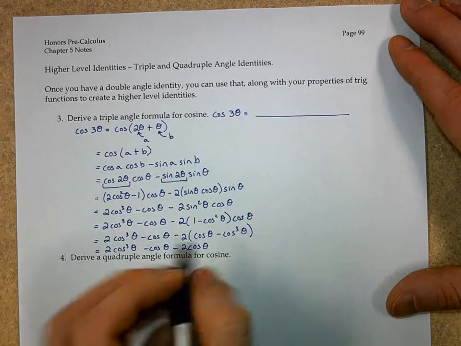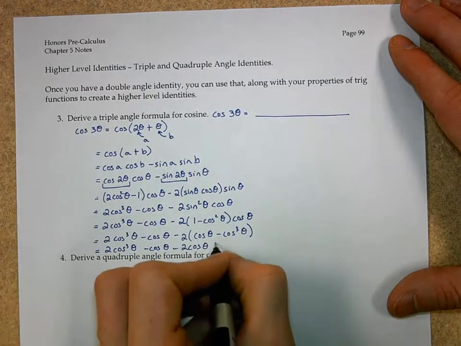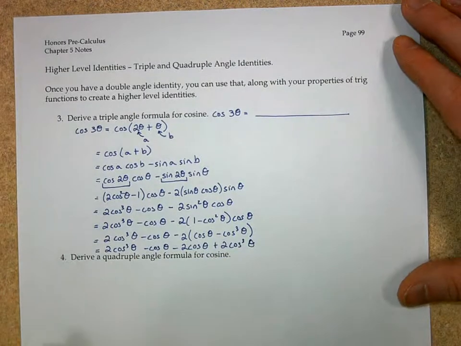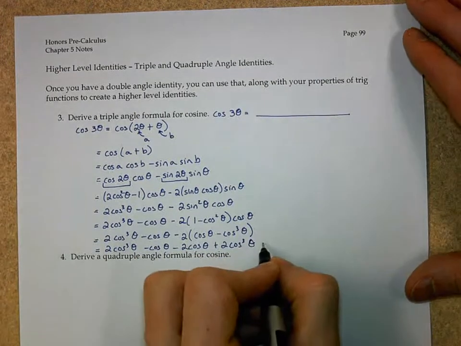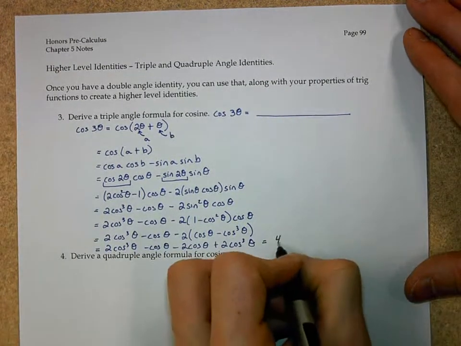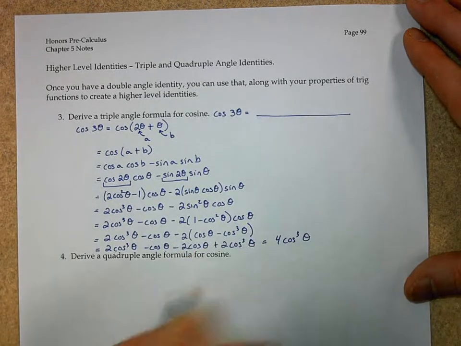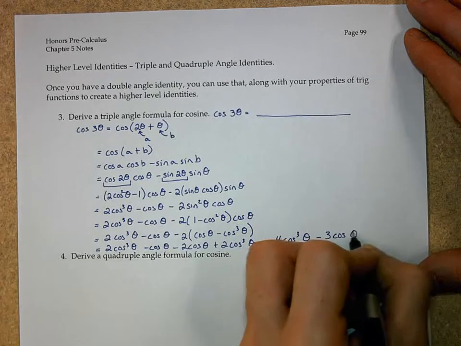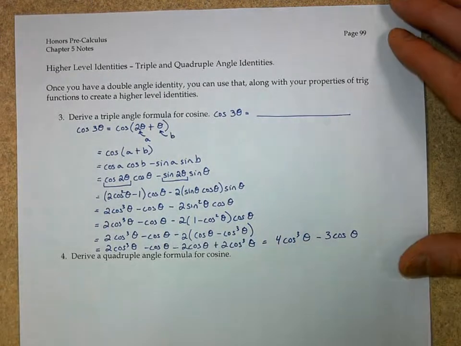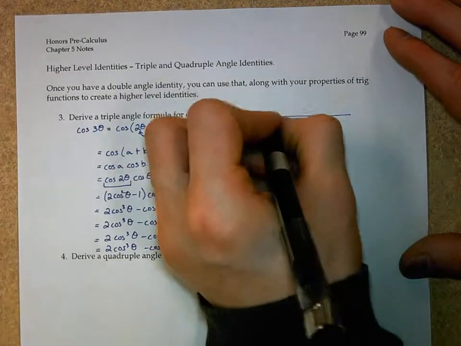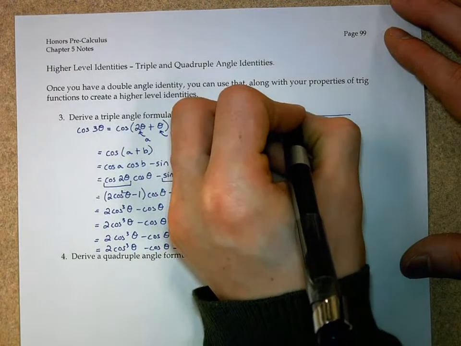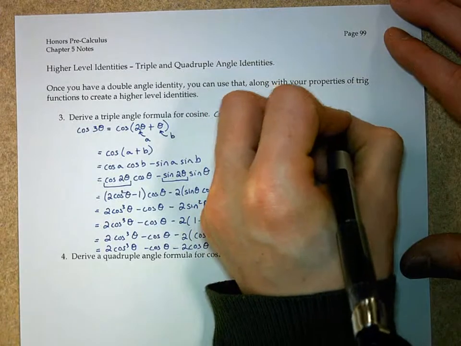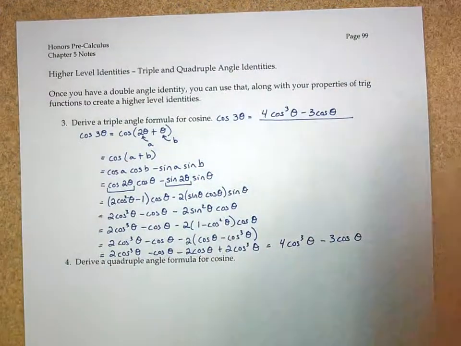And minus 2 times negative 3 cosine theta would be a positive 2 cosine cubed theta. So now if I combine like terms, I'll get 4 cosine cubed theta minus 3 cosine of theta. So here cosine of 3 theta is 4 cosine cubed theta minus 3 cosine theta.